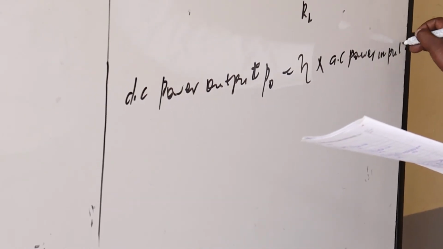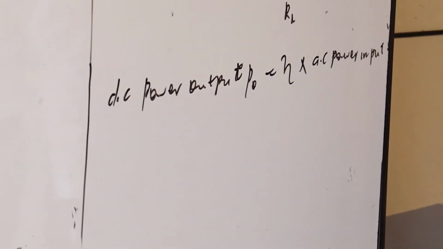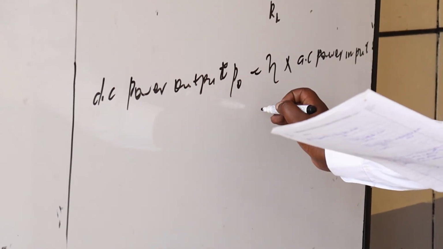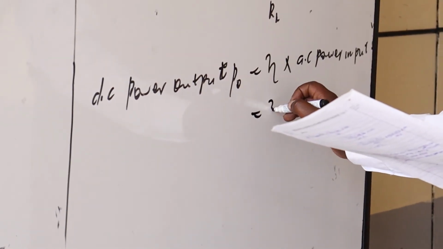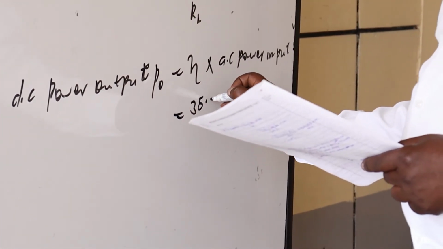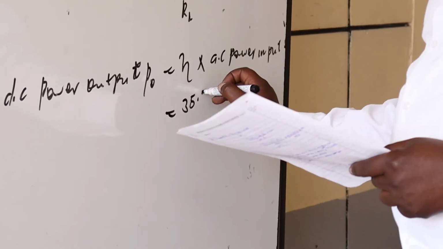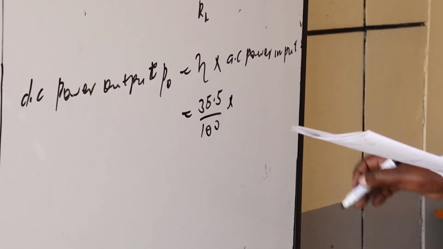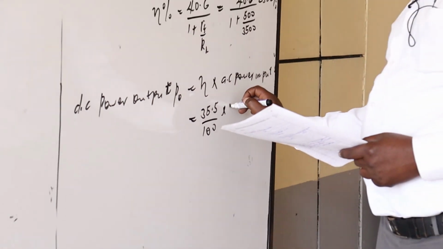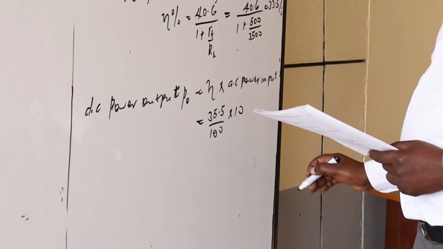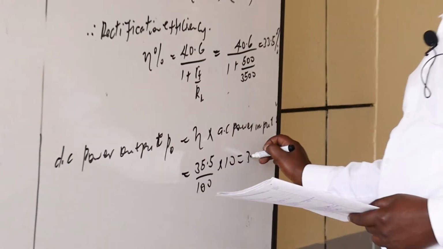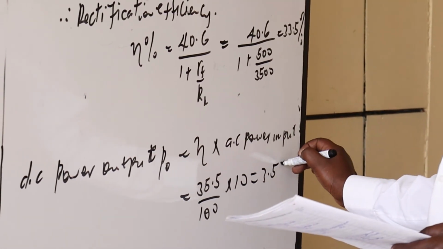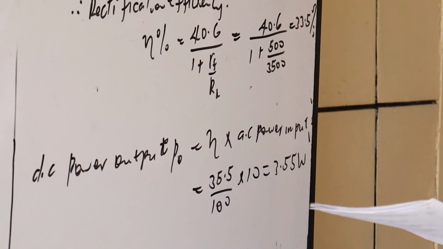Efficiency is 35.5% over 100 times 10, which gives us 3.55 watts.